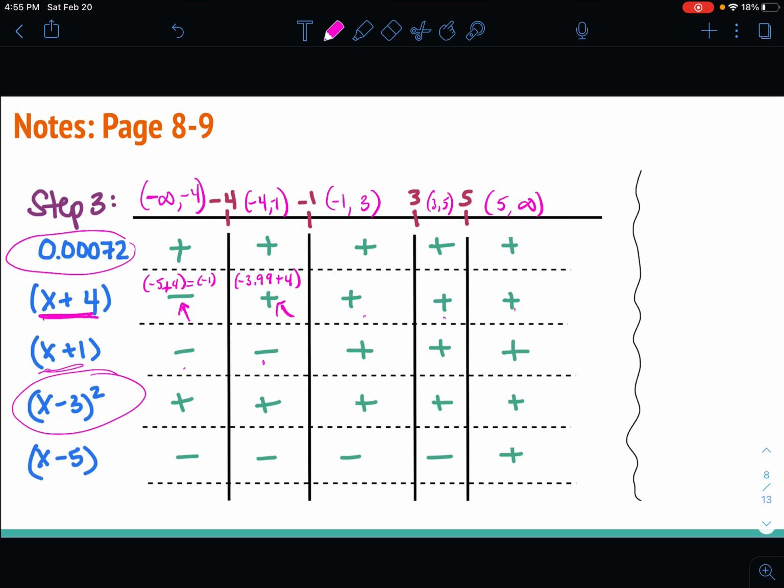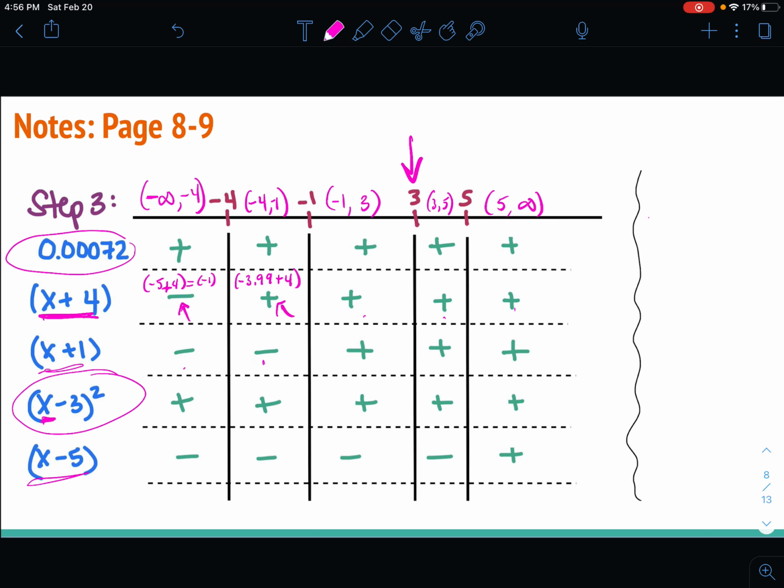And now look at this one, x minus 3 squared. Remember, if you square something, you're always going to have a positive value. The only time you wouldn't is if you had 0 squared, which is just 0. But remember, 3 is one of the x-intercepts, so we're not going to ever plug 3 in. We already know that's an x-intercept. So that's kind of a gimme line, all positives. And then we'll do the same thing with x minus 5.